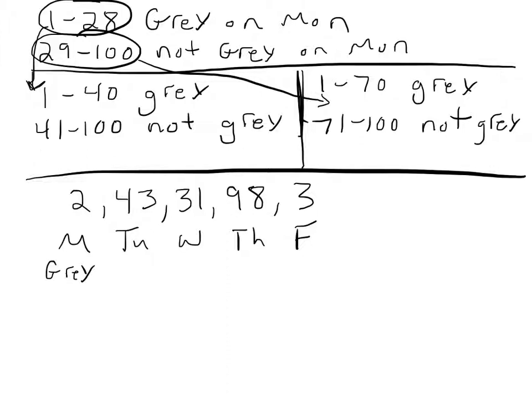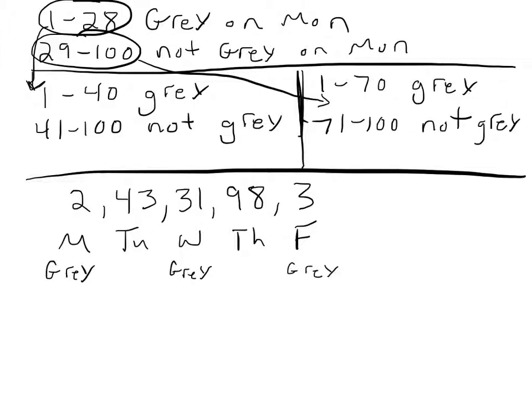So on Tuesday, 43 corresponds to not a gray suit. Wednesday, 31, corresponds to gray. Thursday, 98, corresponds to not gray, and Friday, 3, corresponds to gray.